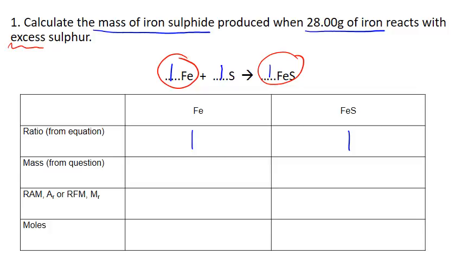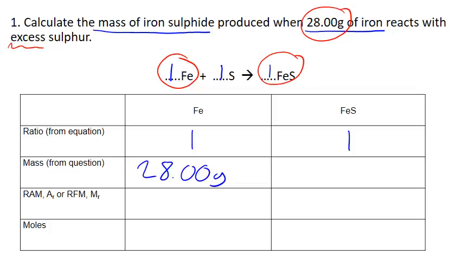The next thing we need is the mass of each substance that we're being asked about, and the mass of iron here is 28 grams. So I'm going to write that in to my table, and then for iron sulfide, that's the mass that I'm trying to calculate, what I'm trying to work out, so I'm going to leave that now. The next thing is I need the atomic masses or the formula masses, so the AR or the MR of each of the substances involved.